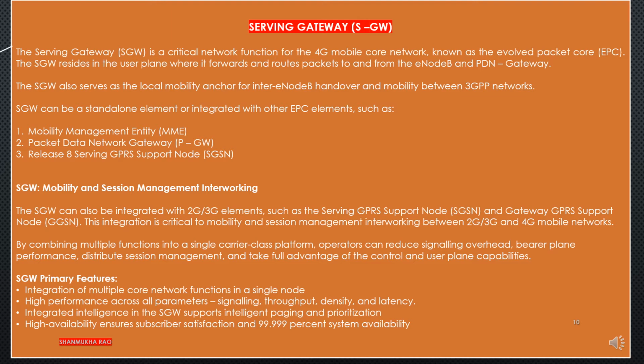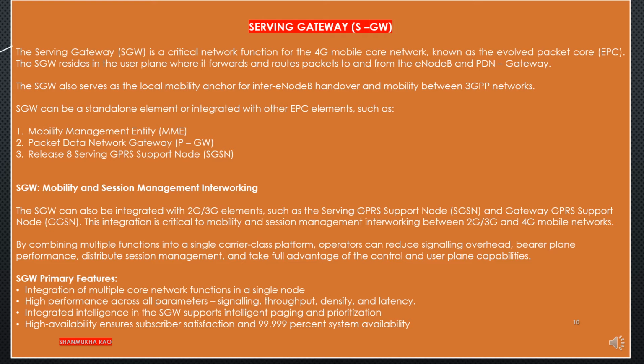The SGW also serves as the local mobility anchor for inter-eNode B handover and mobility between 3GPP networks. SGW can be a standalone element or integrated with other EPC elements, such as: first is Mobility Management Entity, MME. Second is Packet Data Network Gateway, PGW.